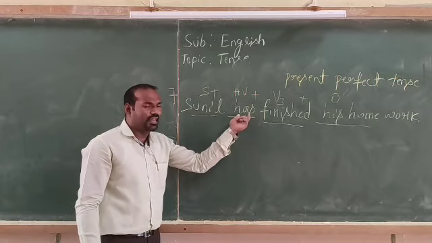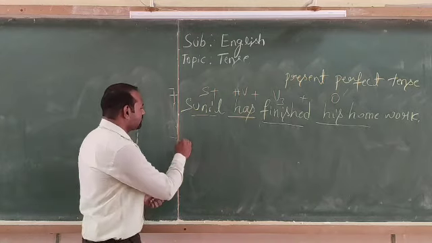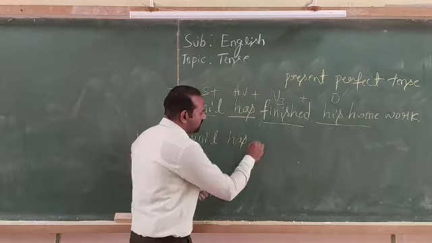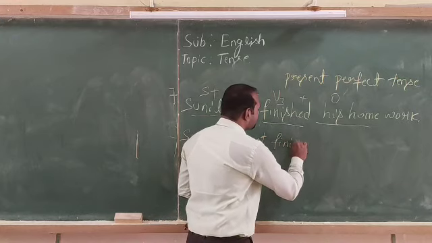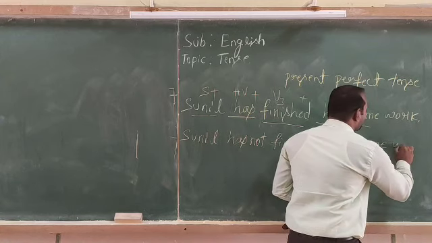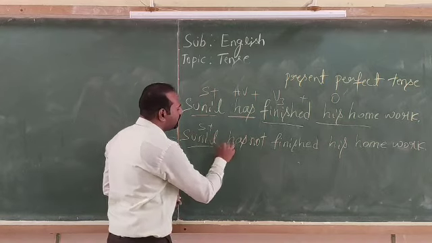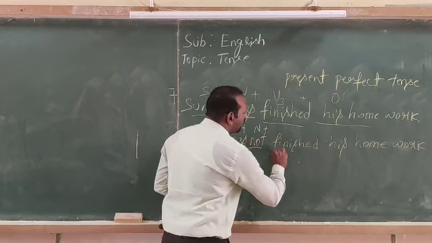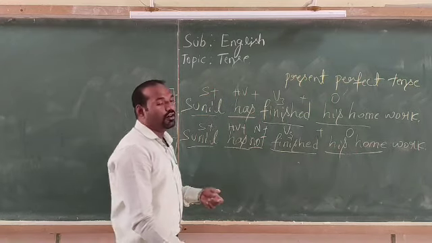Now by adding not to the helping verb, I am going to write the negative sentence here. Look here. Sunil has, adding not, only not, has not finished his homework. Look here, Sunil stands for subject, has stands for helping verb, not stands for negativity, and finished stands for V3, and the remaining rest of the sentence stands for object.